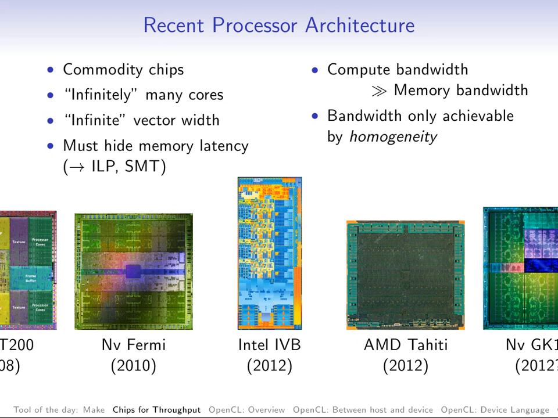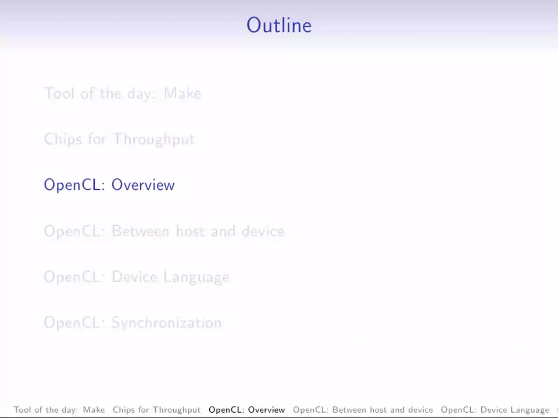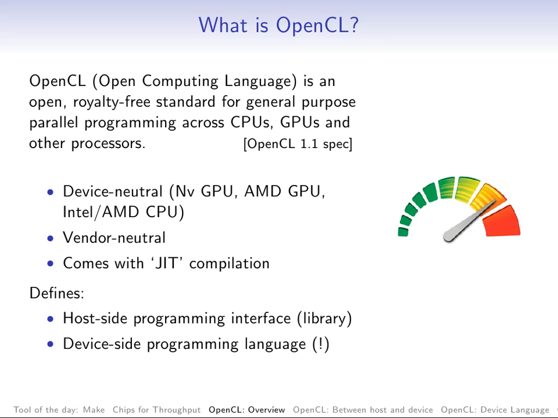And people keep designing these chips and they keep getting bigger and better, and it's just not going to go away. If you have a computation that cares about throughput, this is one good tool to have in your toolbox. Right. So that leaves the question: how are we going to program these things?